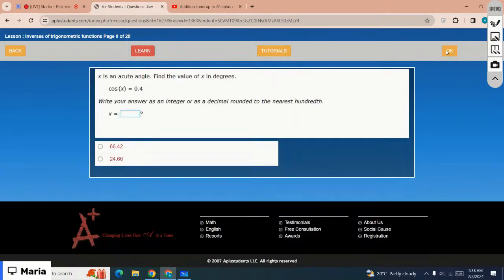And the next one is cos x equals 0.4. So which is the correct option?